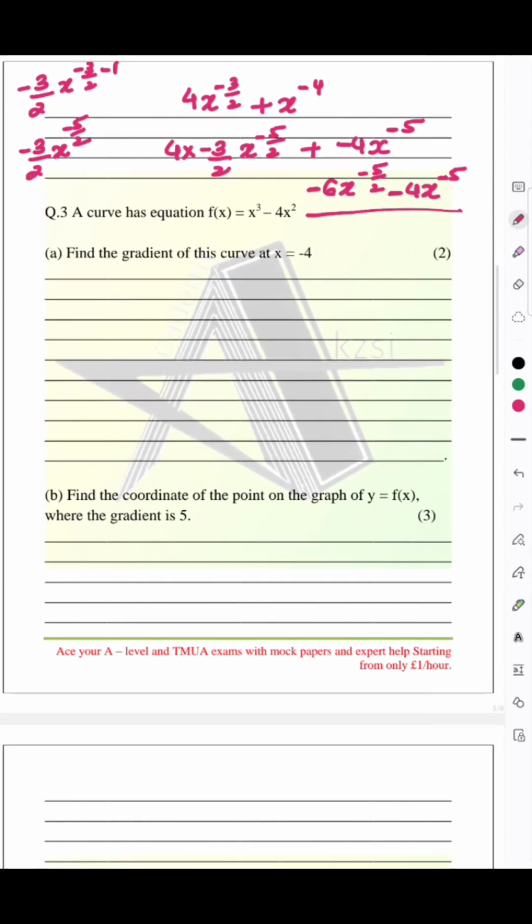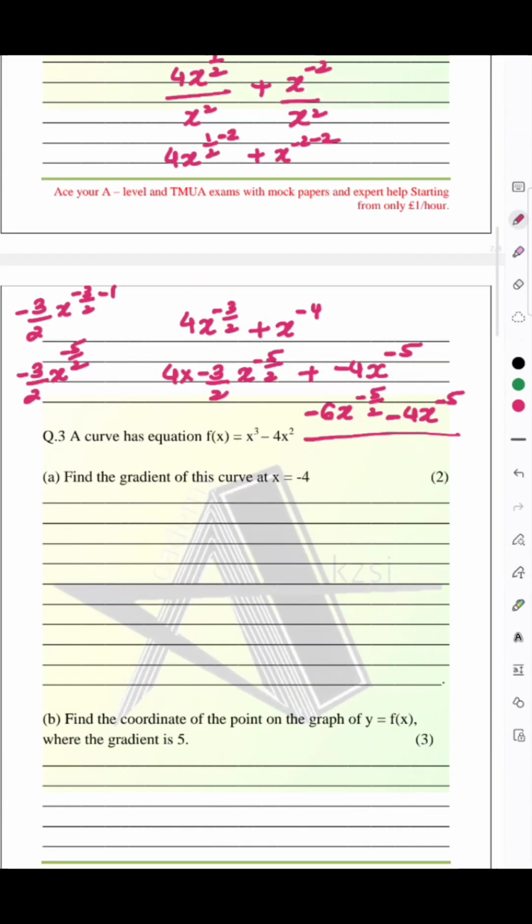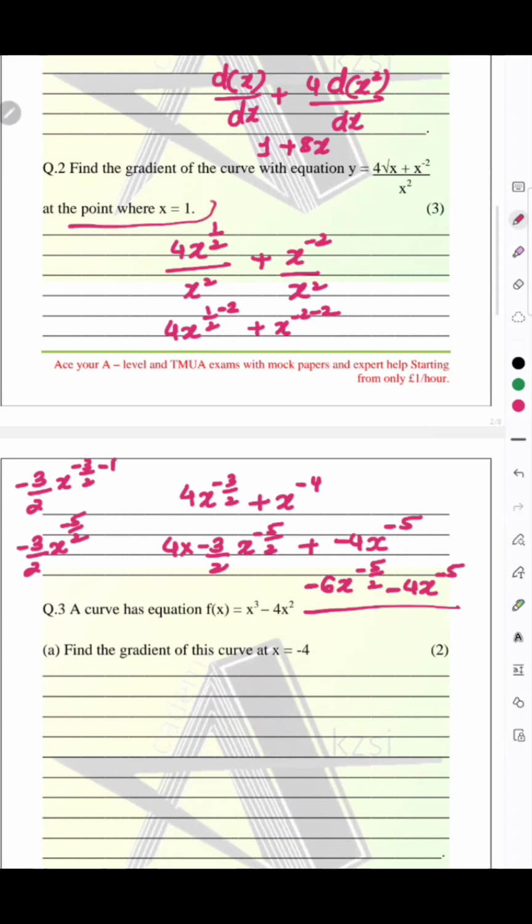Question number 3 says a curve has, it says at point x equals 1. That means once we have found the derivative, we have to substitute the value of x as 1. So dy over dx we have calculated as minus 6 x to the power of minus 5 over 2 minus 4 x to the power of minus 5.